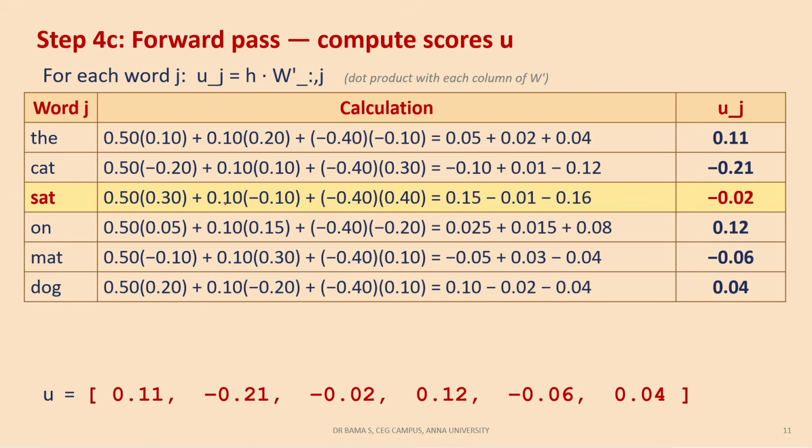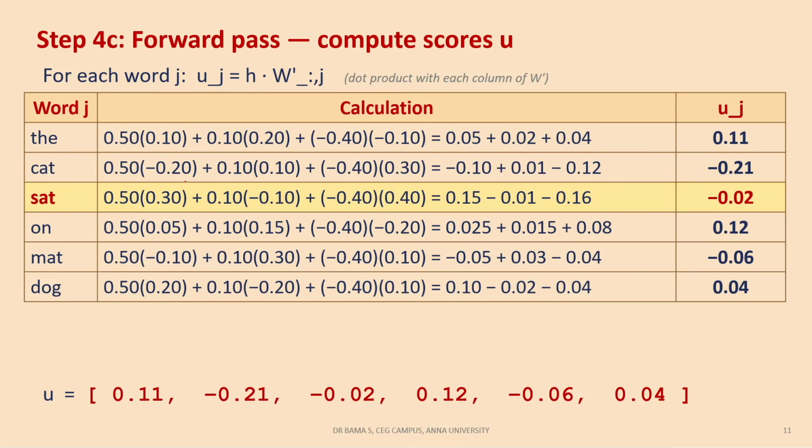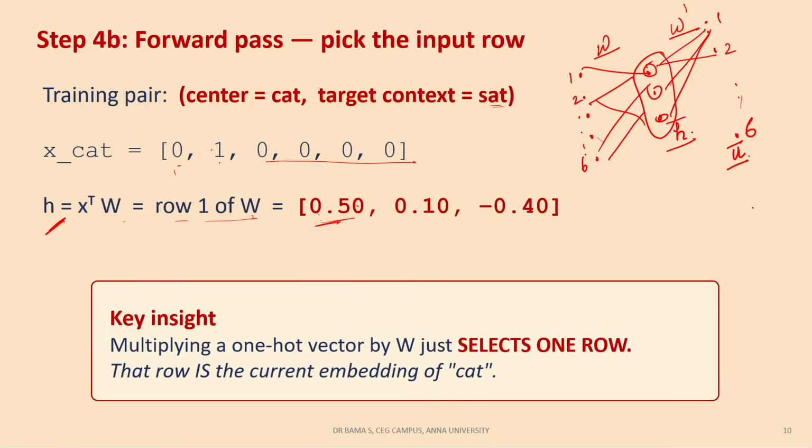This 0.5, 0.1, minus 0.4 is coming from H, and these values are the W dash weights. Multiplying W dash with H, we will get U as 0.02. Suppose we have the output words as cat, sat. Suppose at this point for the word sat, we get the value as minus 0.2.